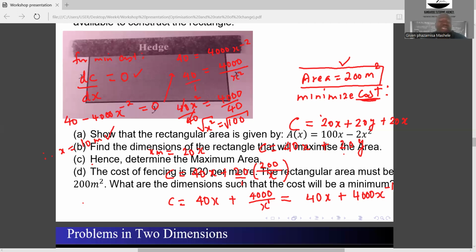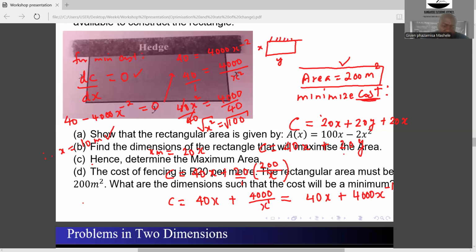And remember, the question says determine the dimensions that will minimize the cost. We want to minimize the cost, so x should be 10. And since we want the dimensions, we want both x and y. So how are we going to get y?